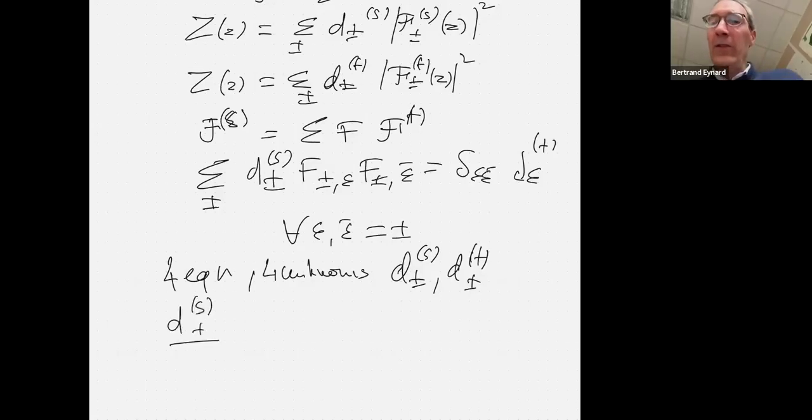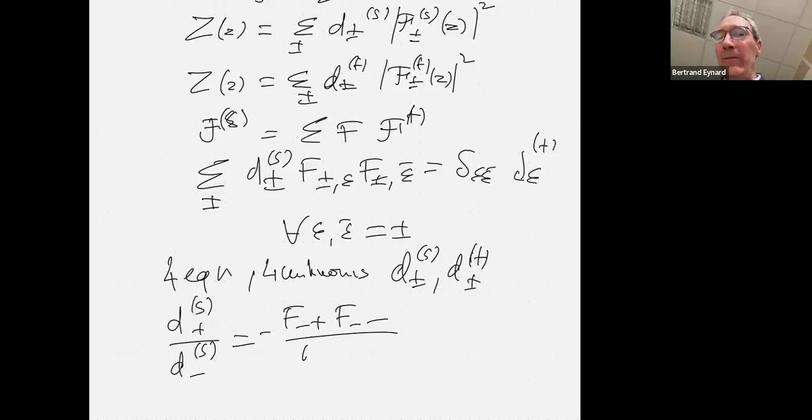You can express this ratio in terms of the matrix elements of the fusing matrix: F minus plus, F minus minus over F plus plus, F plus minus. That's a very simple calculation. That's what you get if you solve our linear equations for d.